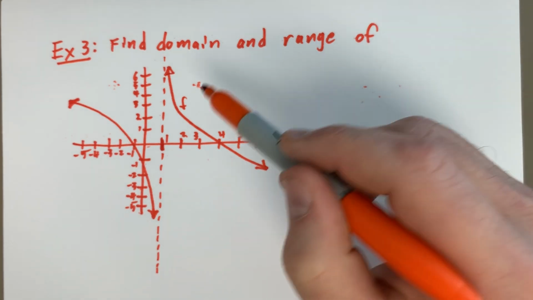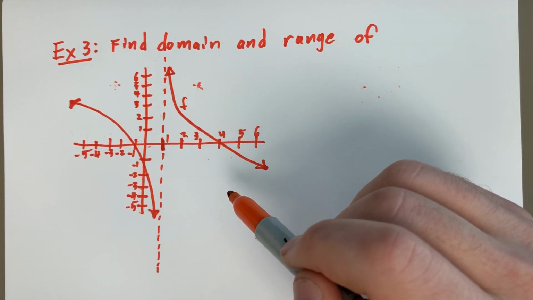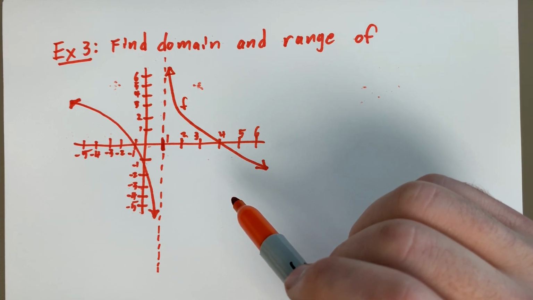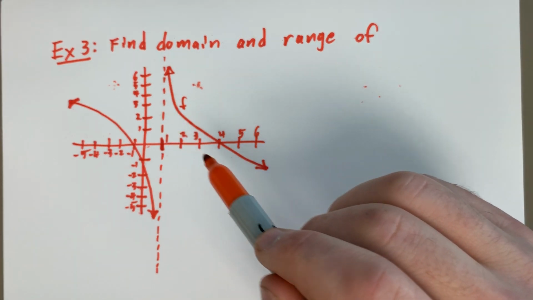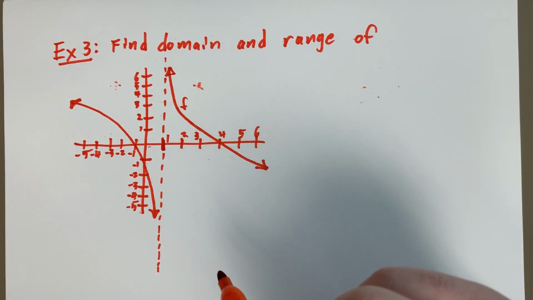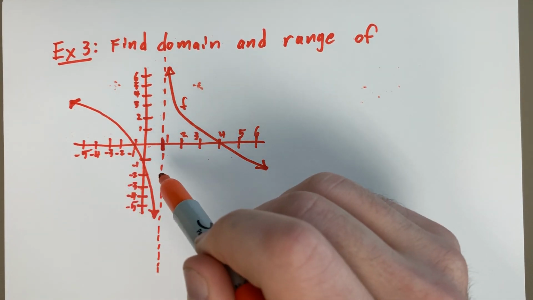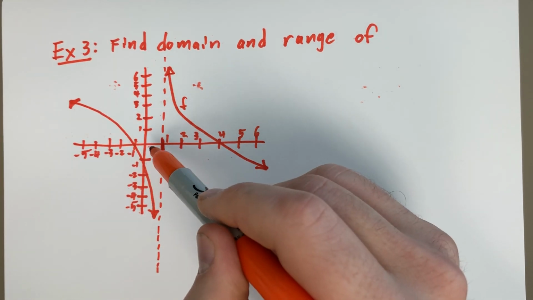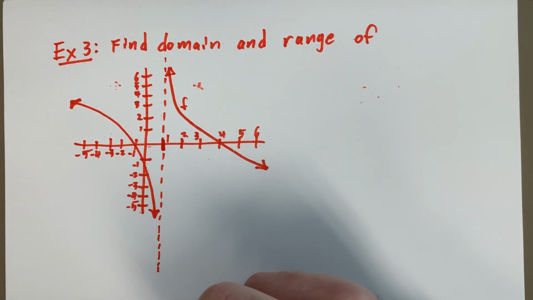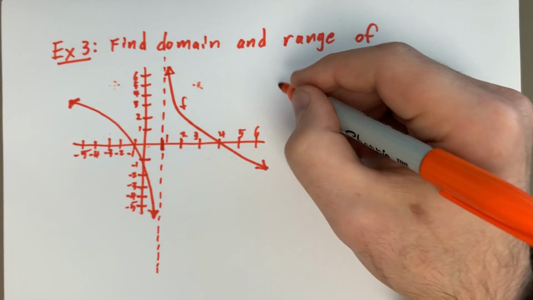Does the graph turn back on itself? If the graph turns back on itself, then it's not a function. The graph does not turn back on itself like the letter S at all. So this is a function. Yes, it's weird looking, but for every x value that I plug in, I will get exactly one y value. So it's a function, all right?